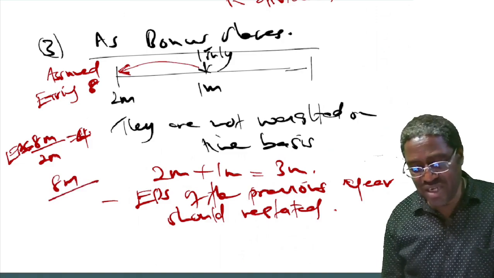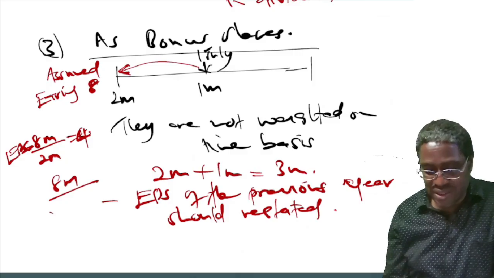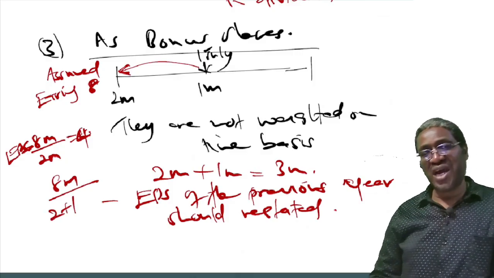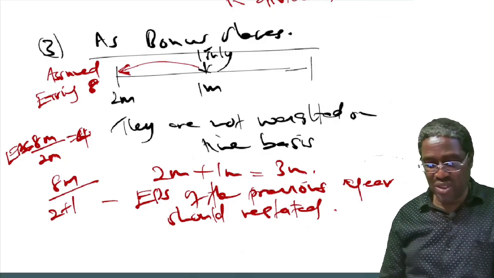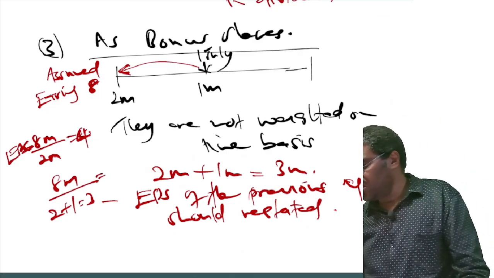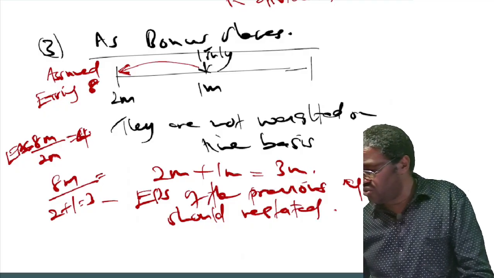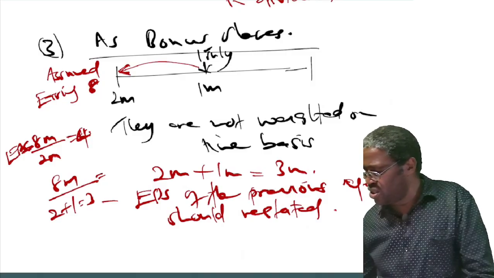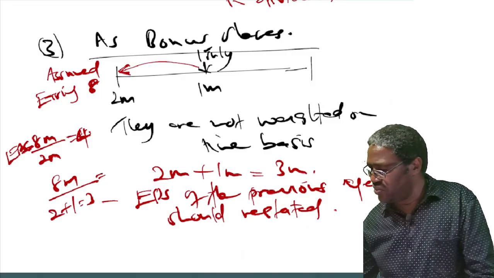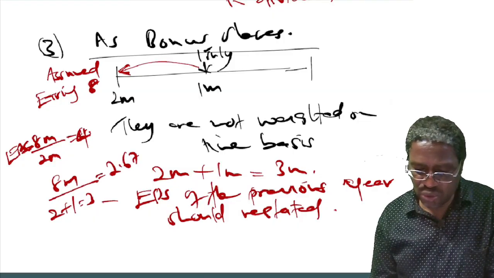You now divide that by the number of shares last year, 2 million, plus the bonus of the current year, 1 million, which comes to 3 million. That is 8 million earnings divided by 3. That comes to about 2.66 or 2.67.